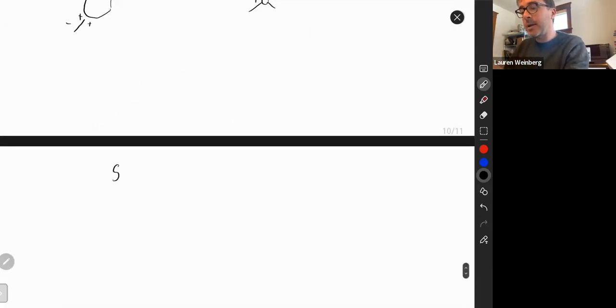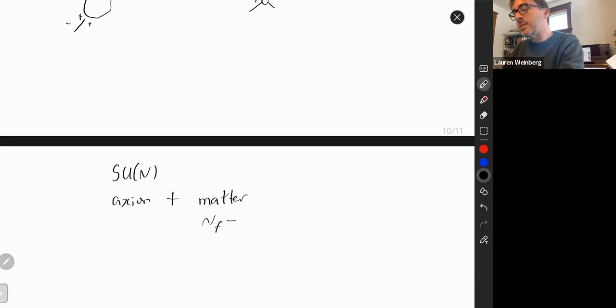You can take SU(N), then take an axion and matter, where I think N_F equals N_C. I think that's also a fix. But basically, as far as I understand, these are the only ones that I know about, where you play around with the axions and the matter, and you have to satisfy some trace identities.